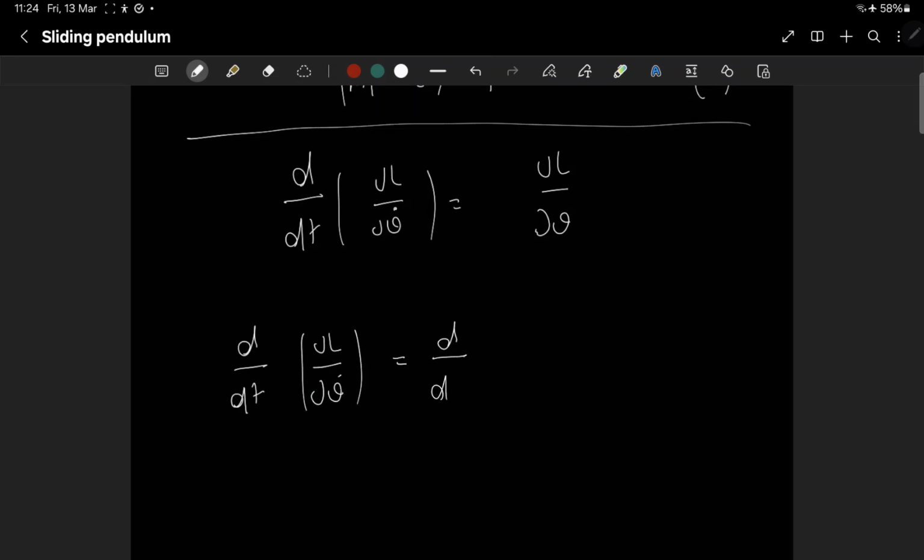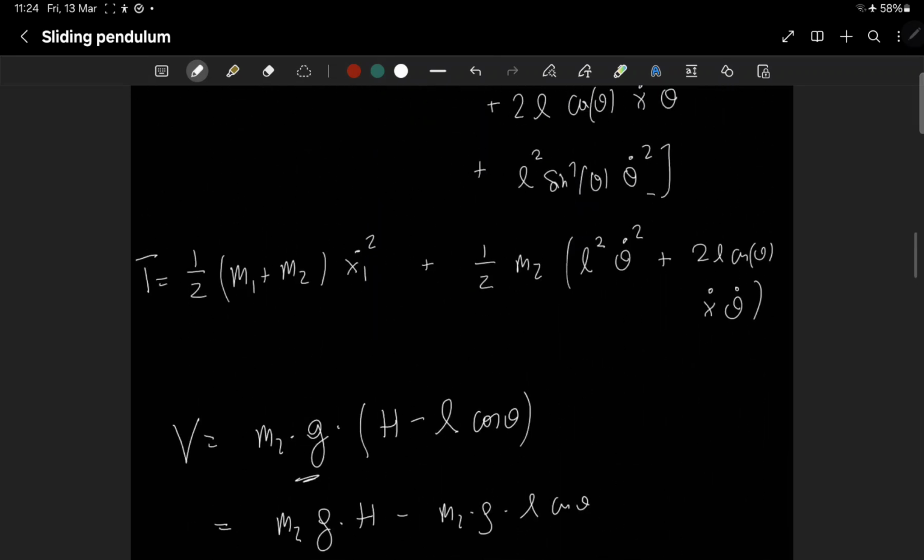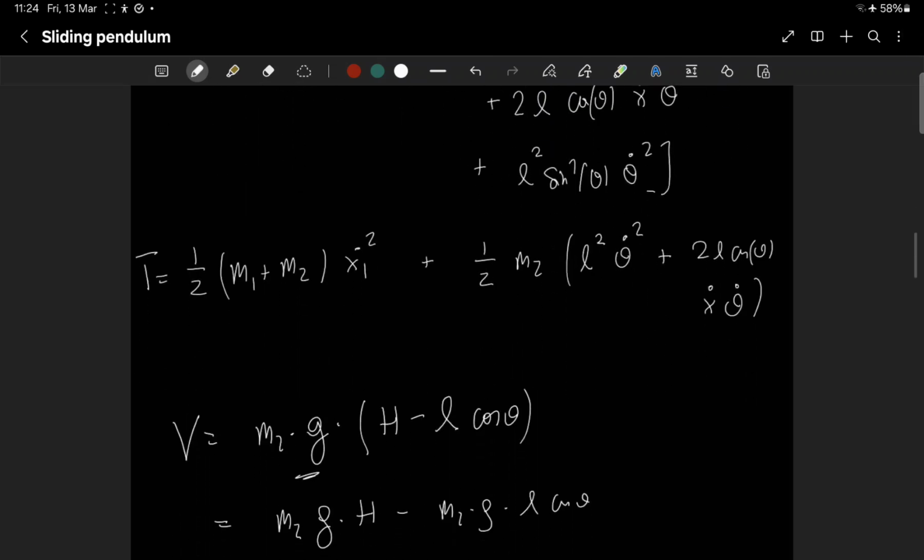This is d by dt, and then partial L by partial theta dot. Let's see what depends upon theta dot. The potential energy doesn't depend upon theta dot, but the kinetic energy does, and it's exactly this term over here.